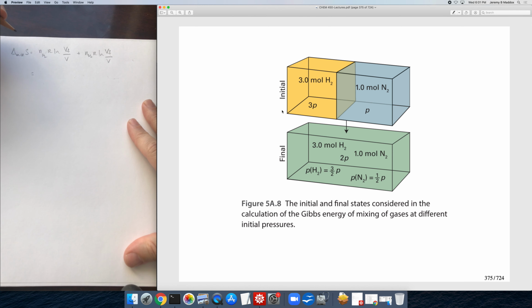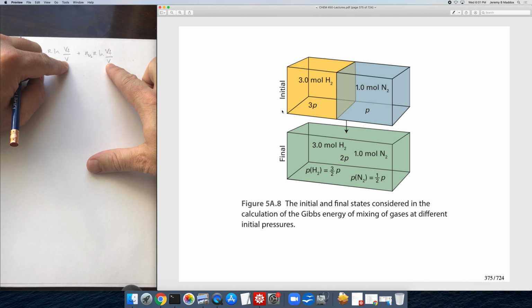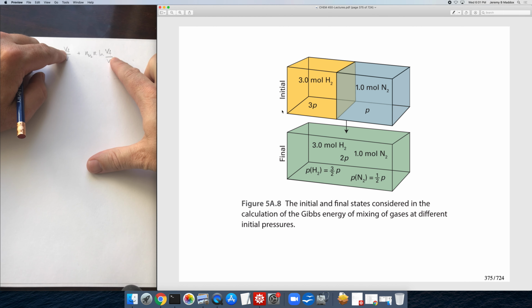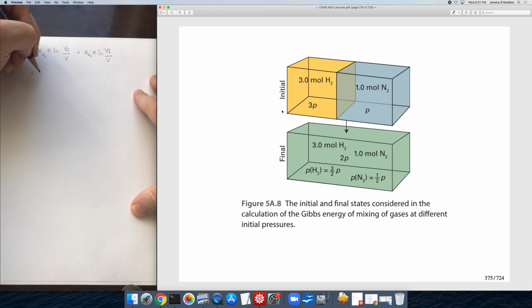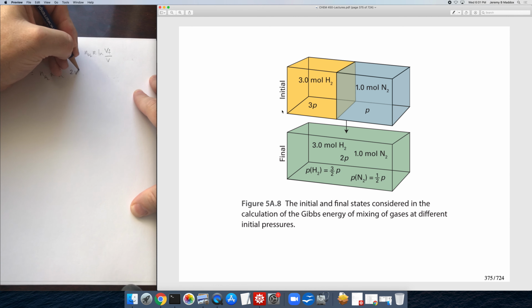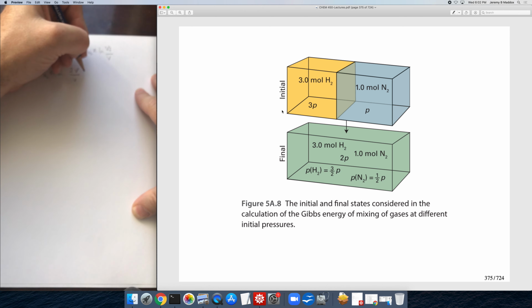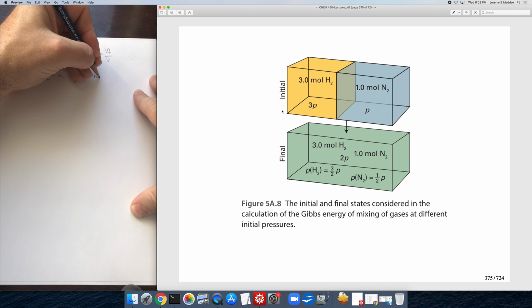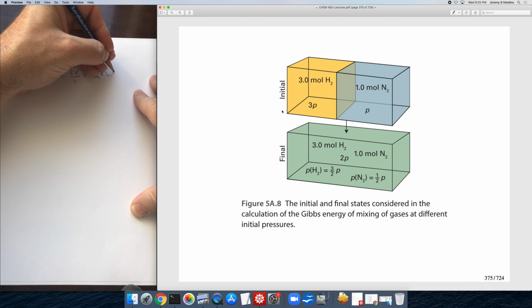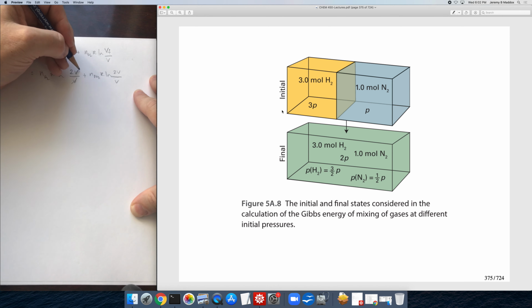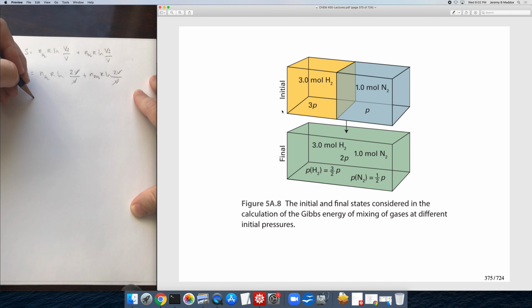In both cases, the two initial volumes are the same. We'll just call them V, and the two final volumes are the same. In fact, they're twice the original volume. And so you cancel out, and you get this.